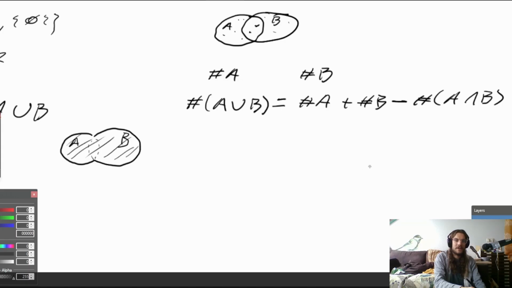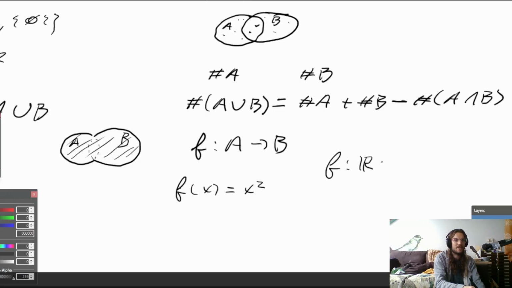Next up in set theory, we have to talk about functions, I think. So a function goes from one set to another set. For instance, we've had the example of f of x is x squared. It goes from R typically to R, so the real numbers, this is just any number, to the real numbers.